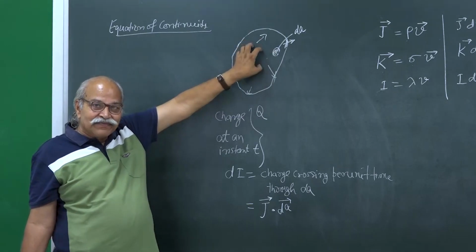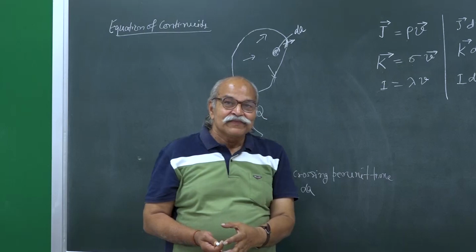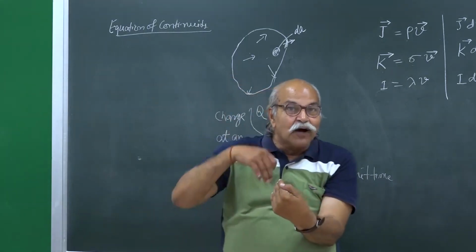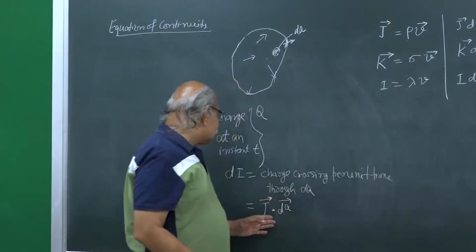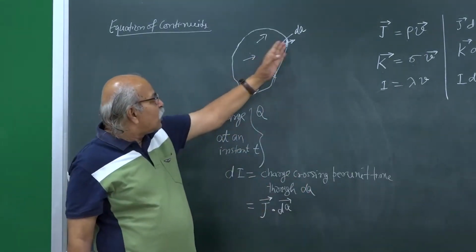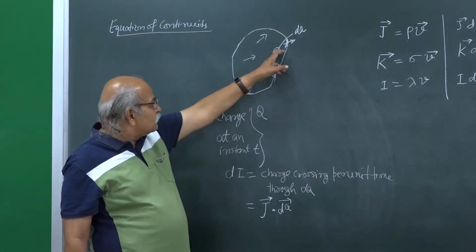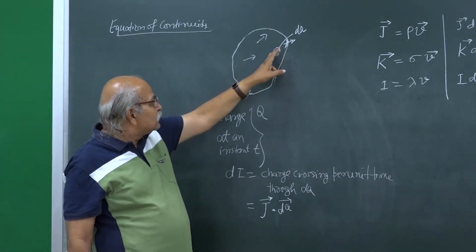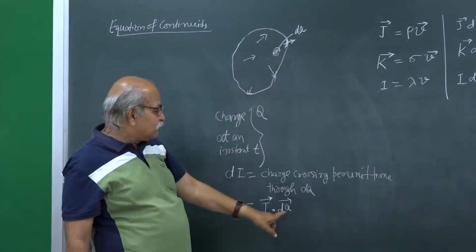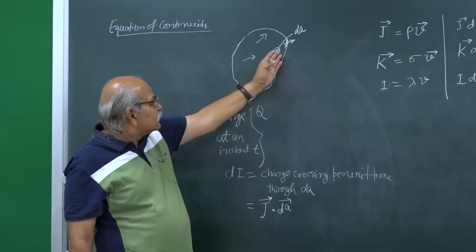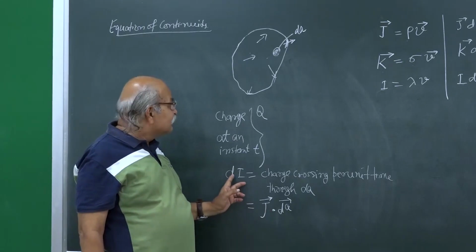Since it is a volume and we are talking of surface of a volume, therefore, we can always talk inside the surface and outside the surface. So, the charge which is going from inside to outside, that is our current, and that is the direction of dA, perpendicular to this surface. Charge may not be going perpendicularly, but the dA vector will be perpendicular and the direction is in outward direction. So, this J dot dA is the current.